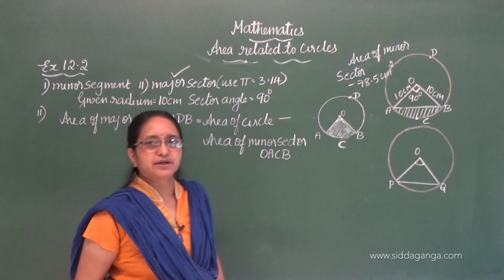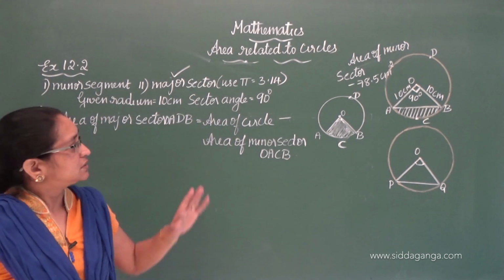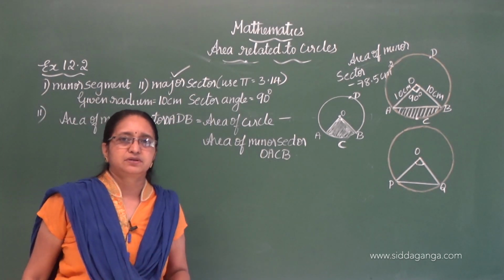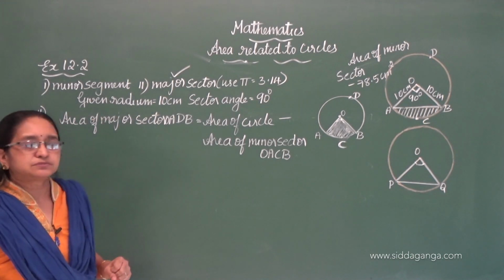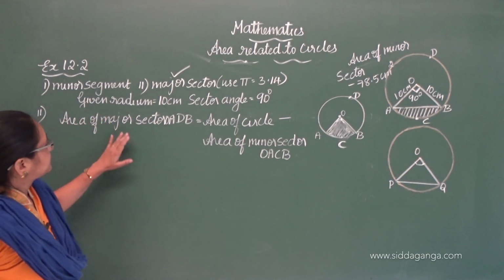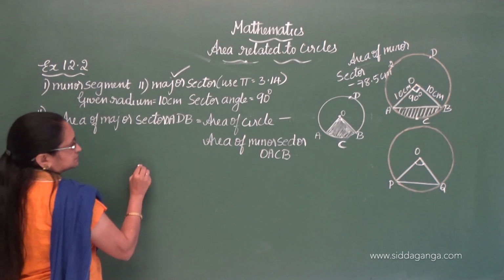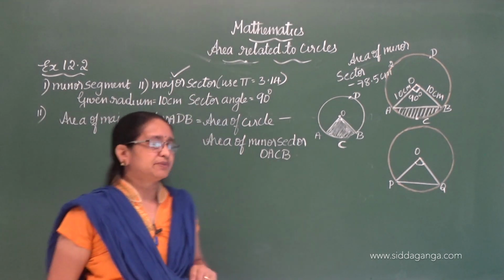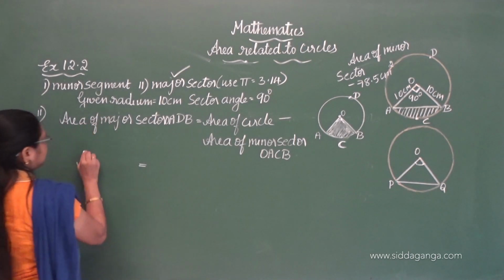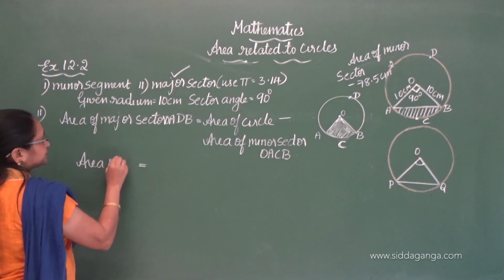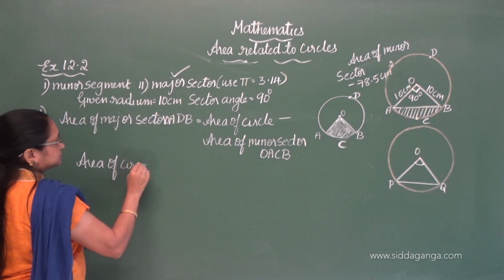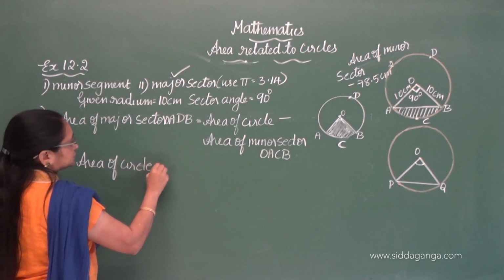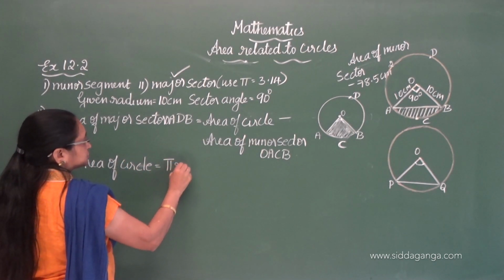I hope you understood. I can go a little bit slow since all these are new concepts. Next, area of major sector, area of the circle, you all know the formula. So I will find it separately. Area of circle is equal to pi r square.